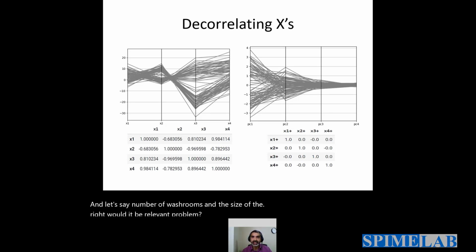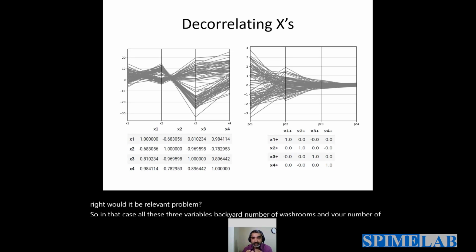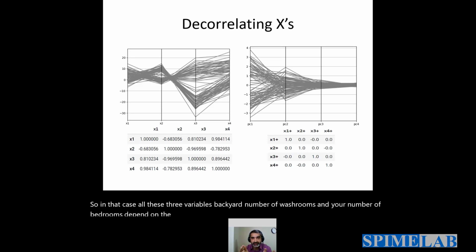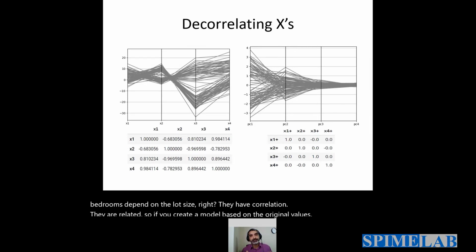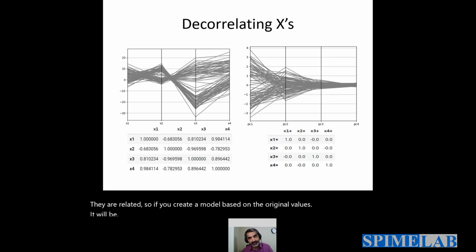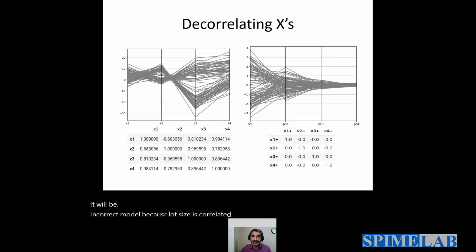Yes. So in that case, all these three variables, backyard, number of washrooms, and number of bedrooms, depend on the lot size. They have correlation. Yes, they are correlated. So if you create a model based on the original values, it will be an incorrect model because lot size is correlated with all three variables positively.